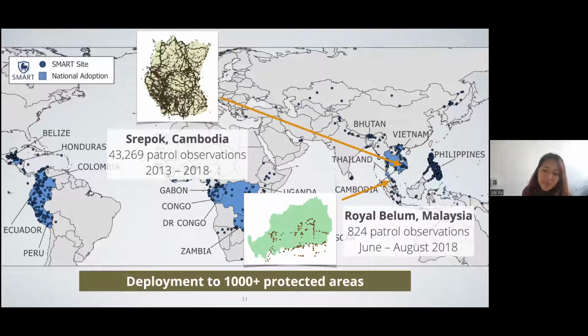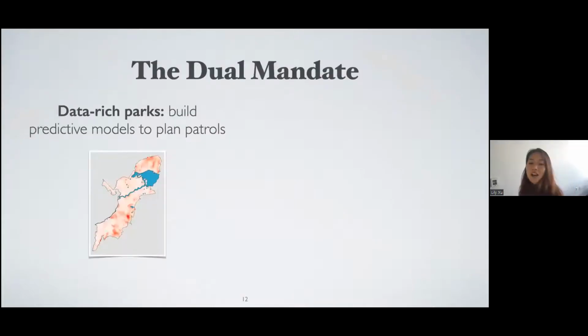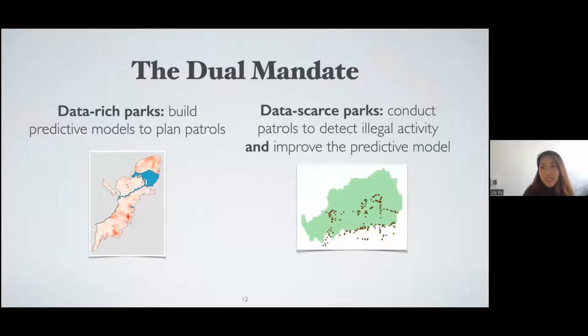But this interaction really gave us insight into our next priority area, which is realizing that for data-rich parks on SMART, we can leverage that plentiful historical information to build reasonably good predictive models to help with patrol planning. But in data-scarce parks, where we don't have a lot of historical observations, we need to simultaneously conduct patrols to detect illegal activity while also proactively improving the predictive model.